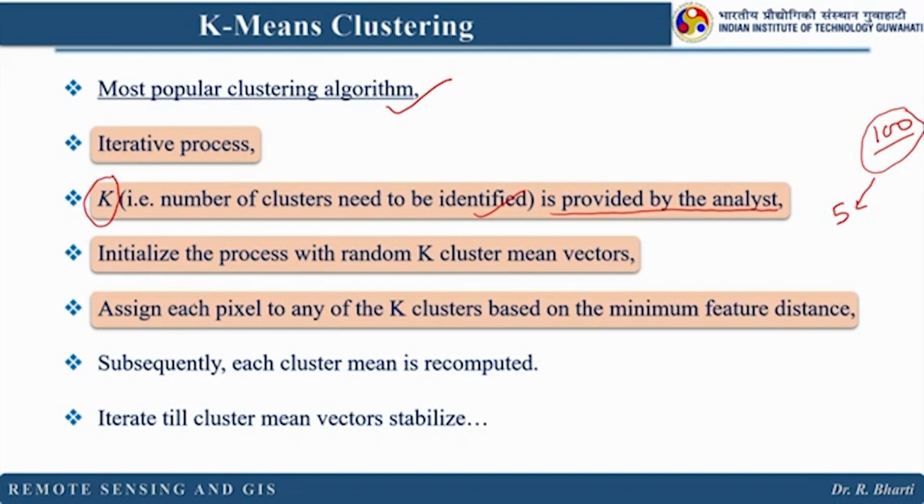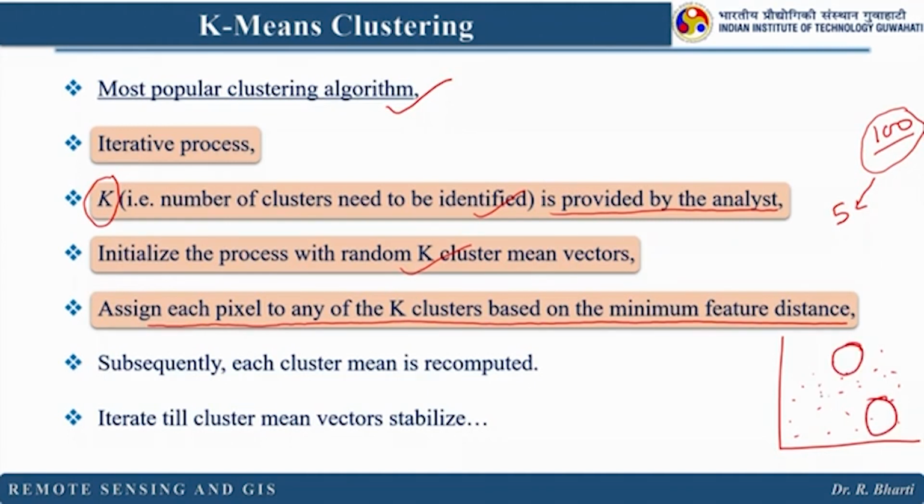And when these random k clusters are identified, what happens then? Assign each pixel to one of the k clusters based on the minimum feature distance. So, let us assume these are your DN values, and the system has started with 5 classes randomly.